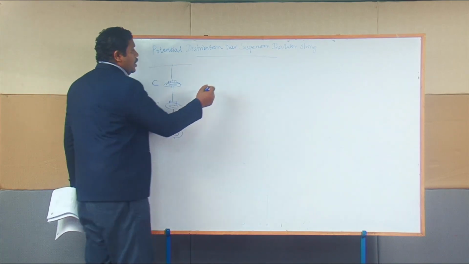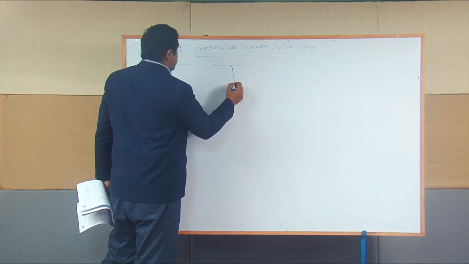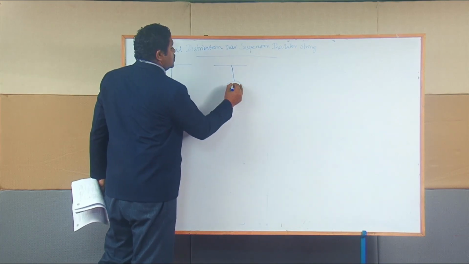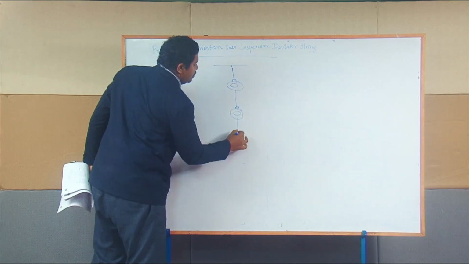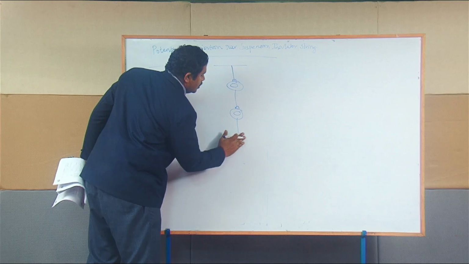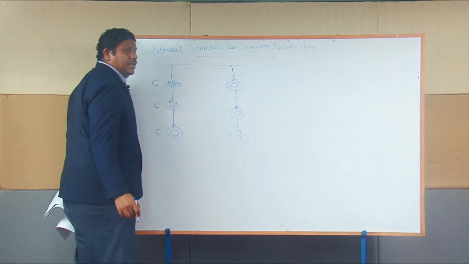Suppose you are going for the effect of the shunt element, so this is your 3 disc porcelain insulator.